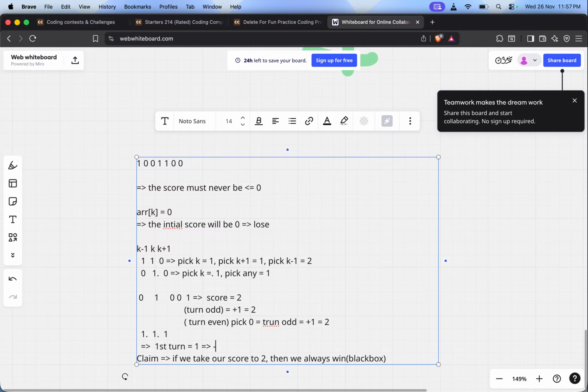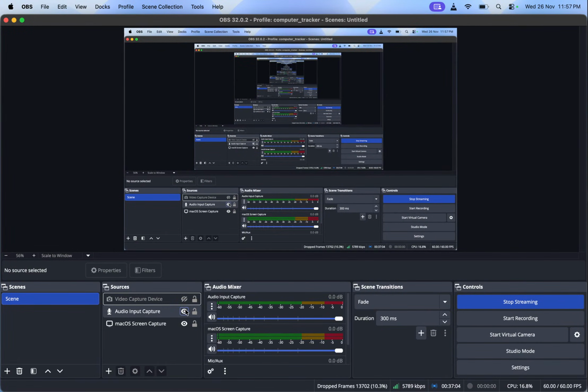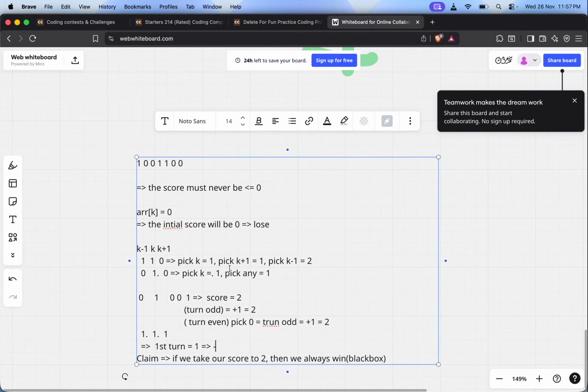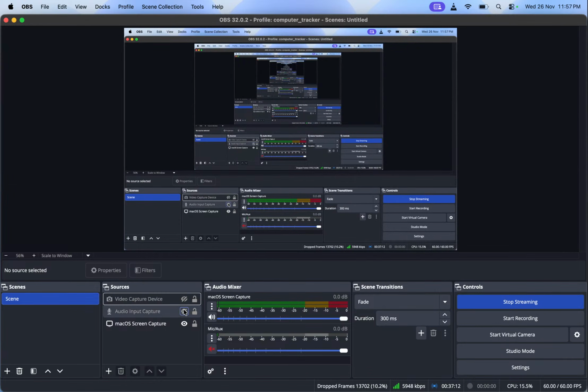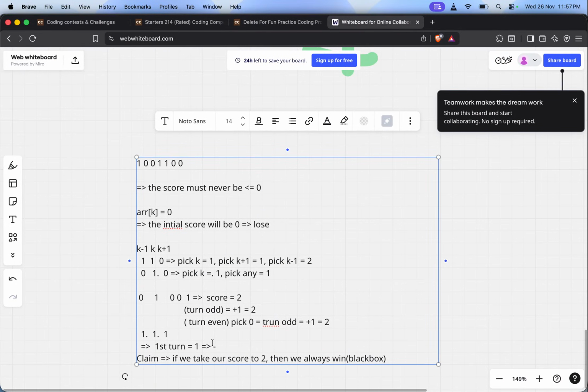Wait a minute. All right. So for this 1 1 1 scenario, whatever we pick, the left neighbor or the right neighbor, our score is -1. So this is equal to 0. And this proves to us that we lose in this scenario.